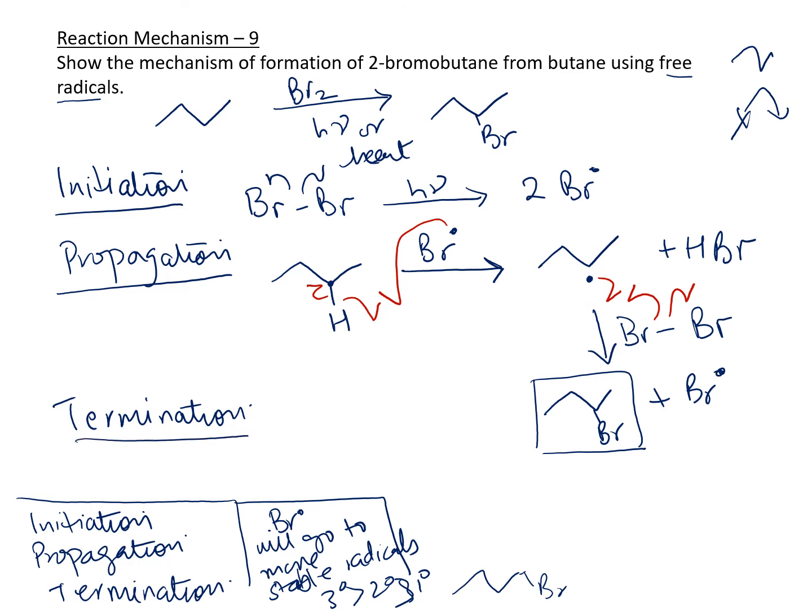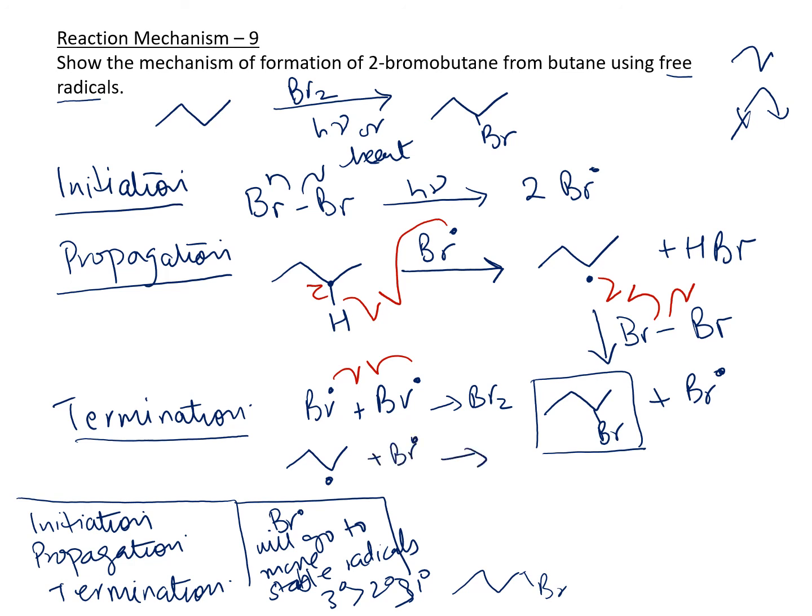For example, one of the termination steps can be a bromine radical reacting with another bromine radical. Then you form bromine, and that would be a termination step. Another step would be if you were to take this radical and treat it with the bromine radical.